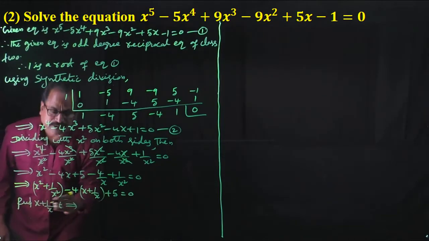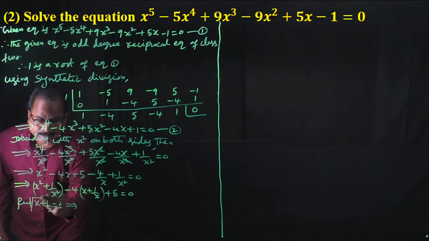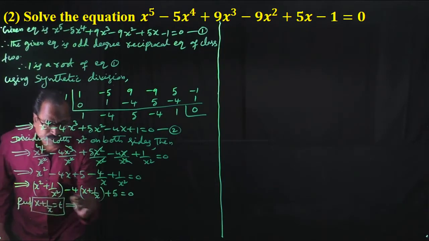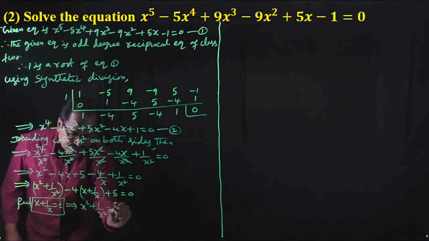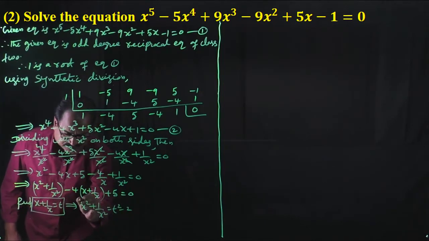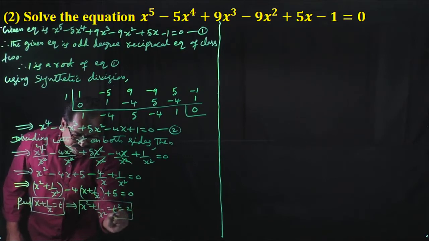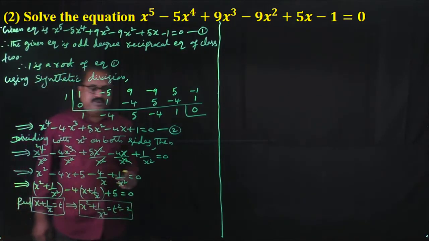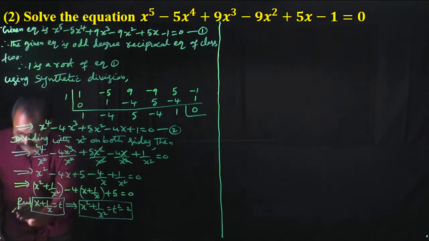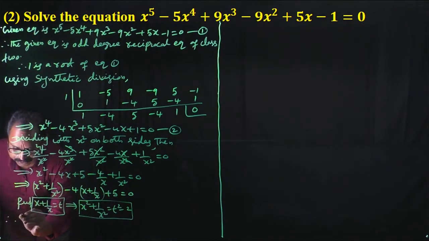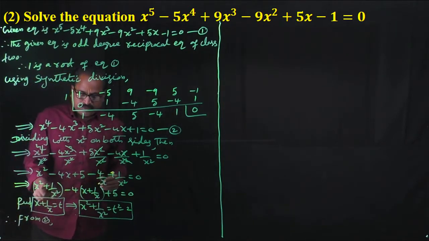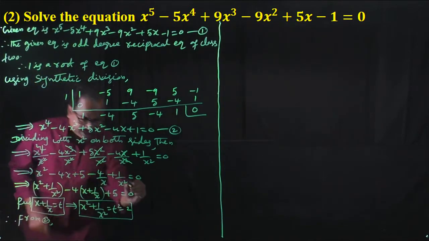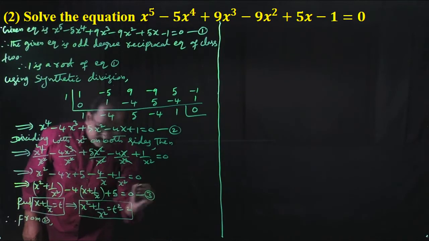Now squaring on both sides, x square plus 1 by x square is equal to t square minus 2. Now substituting these two values in equation 2, this is equation number 3.